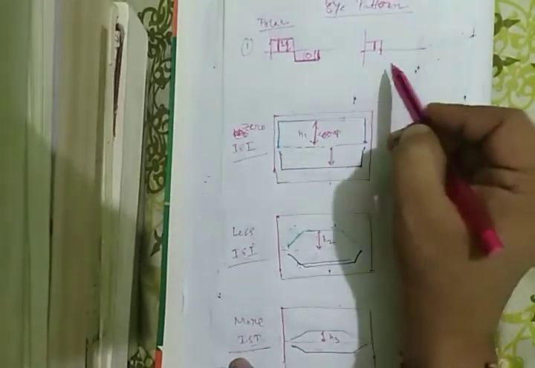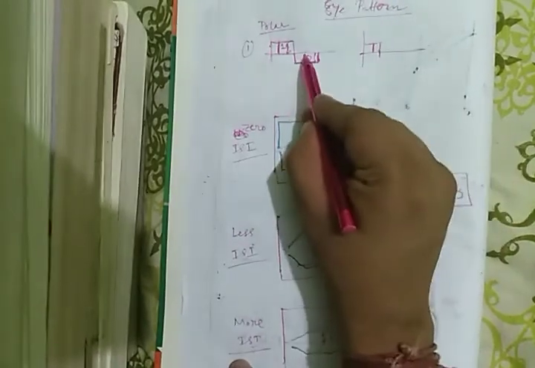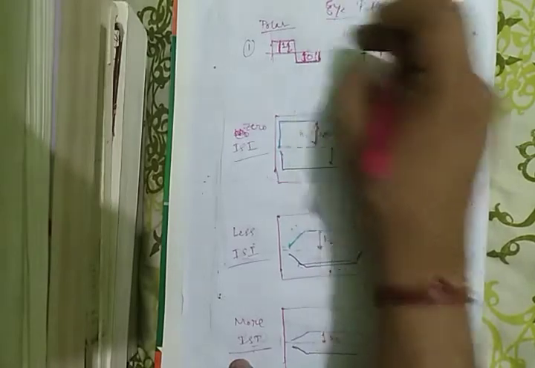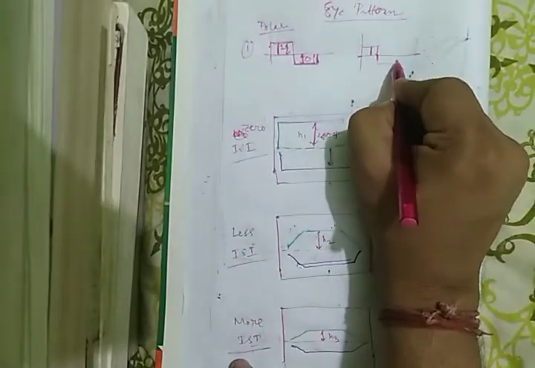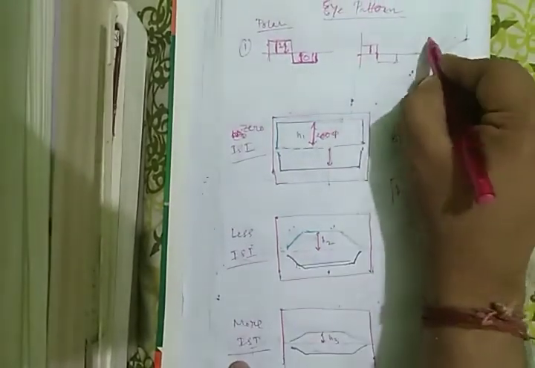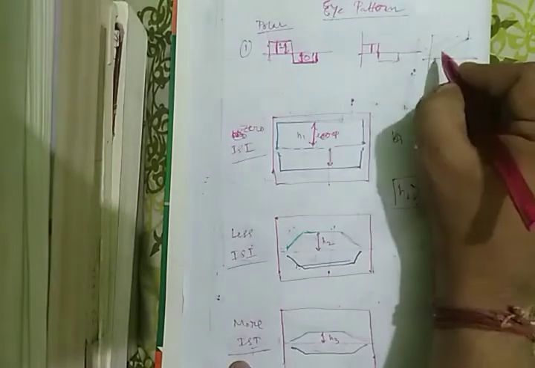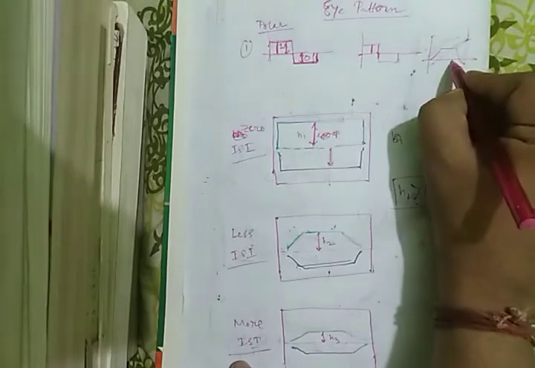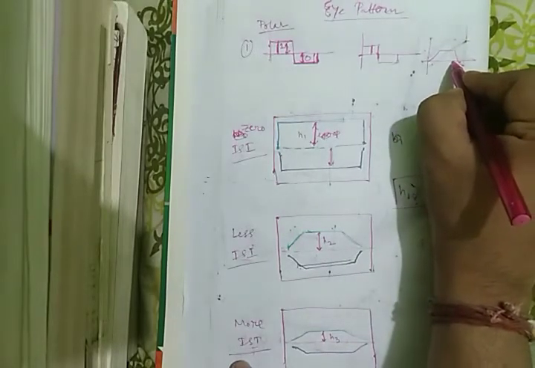So it will become this. Apart from that, it will also become more slant. The 1 will appear slanted like this, and the 0 will appear slanted like this.